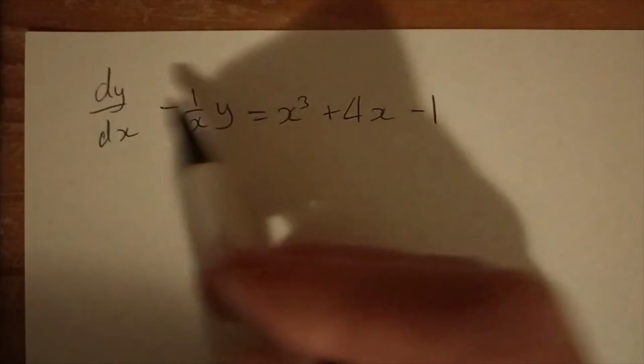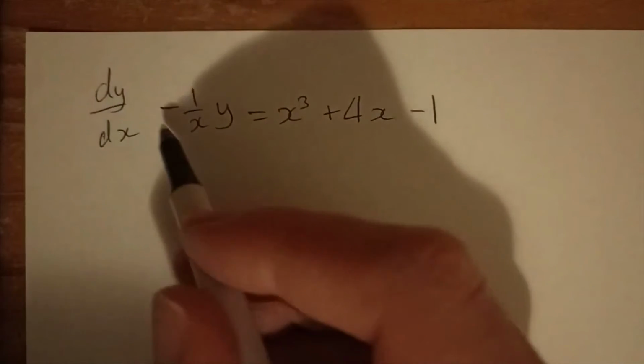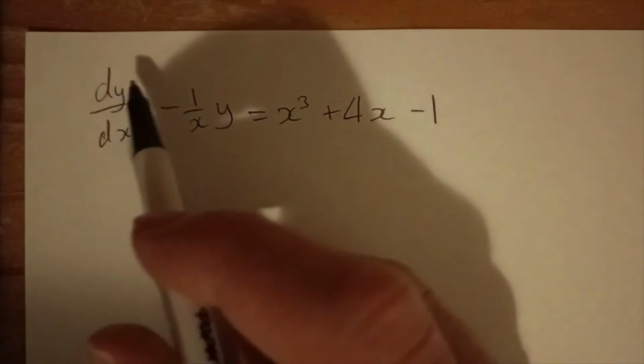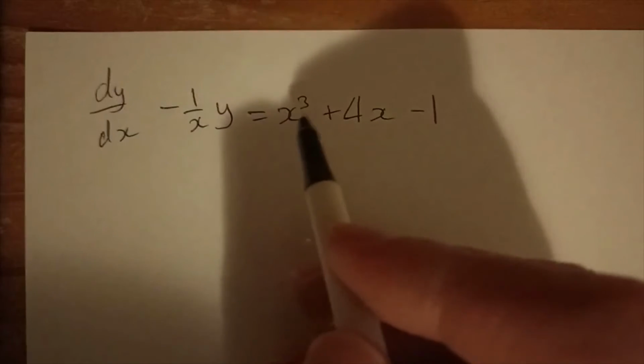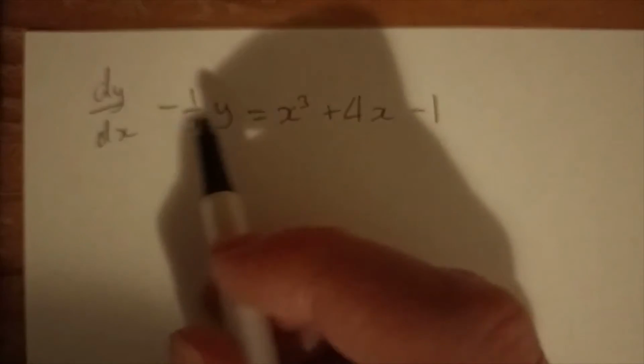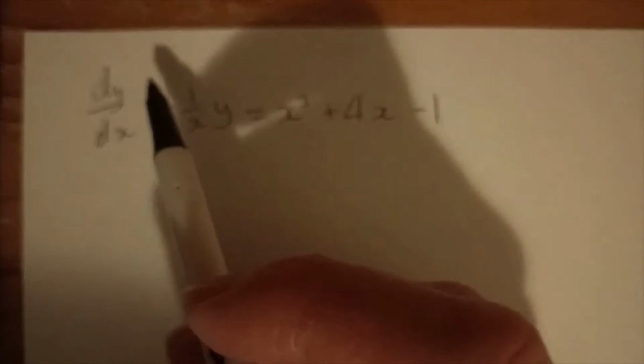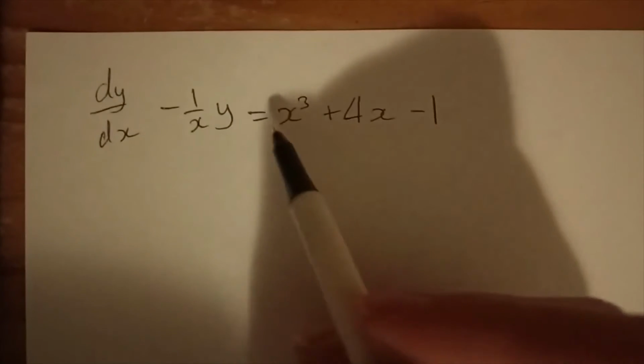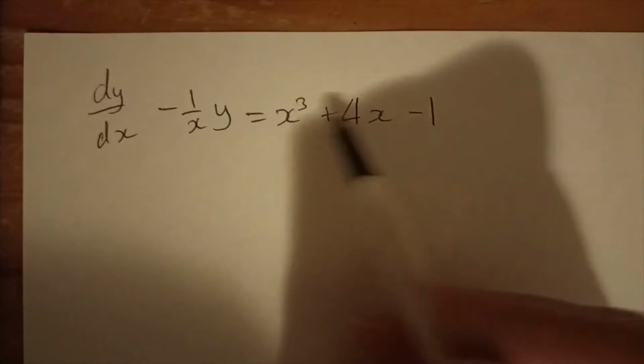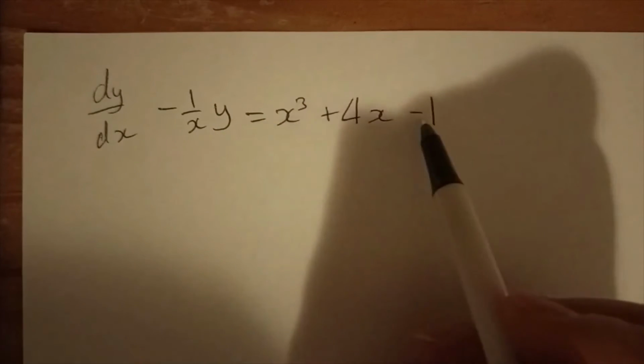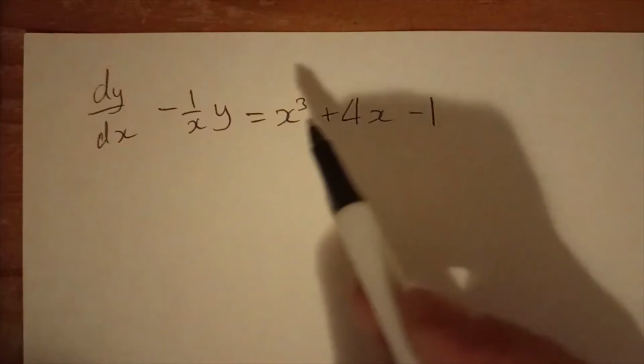It's linear because it only includes linear functions of y and derivatives of y. It's also non-homogeneous because in addition to the terms involving the derivative of y and y itself, it includes these other terms, this function of x, this cubic.